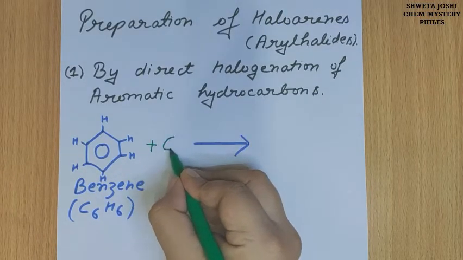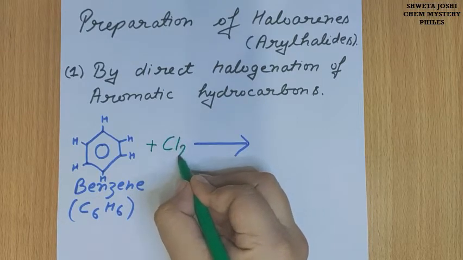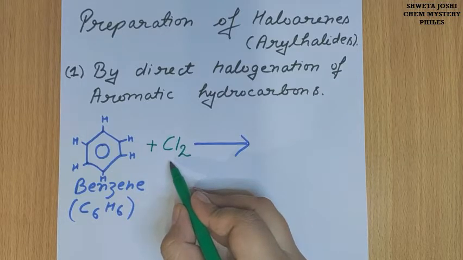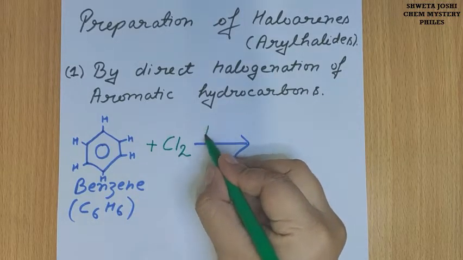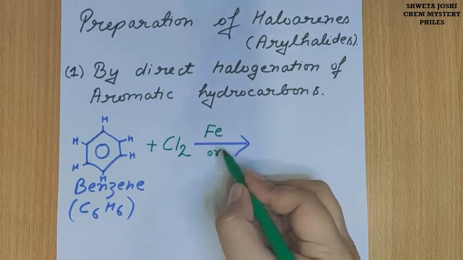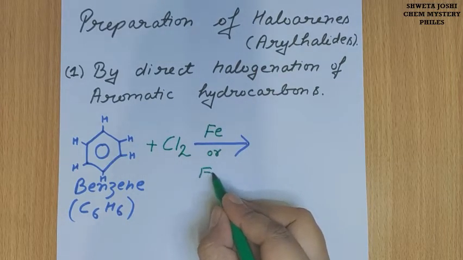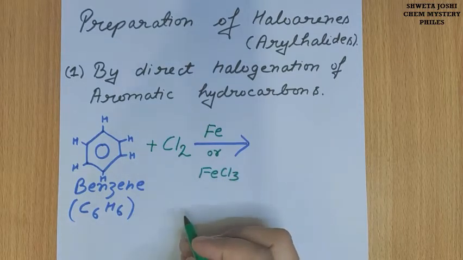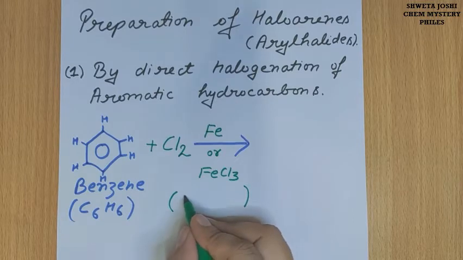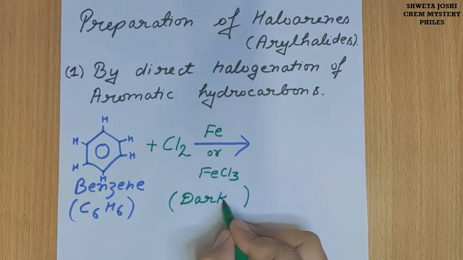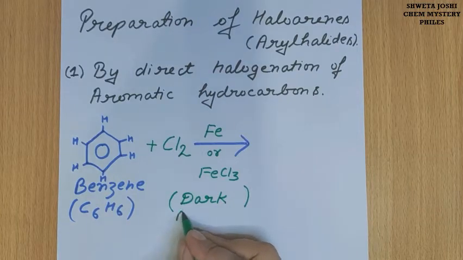Suppose we are performing chlorination. So for chlorination, we have to take chlorine and we have to do this reaction in the presence of either iron or FeCl3, that is iron trichloride. This we have to perform in dark and at room temperature.